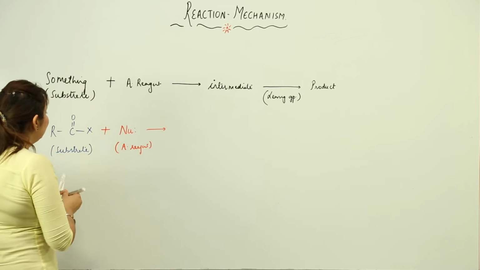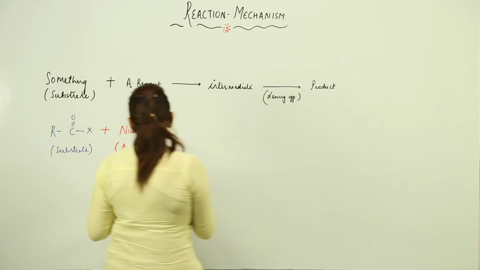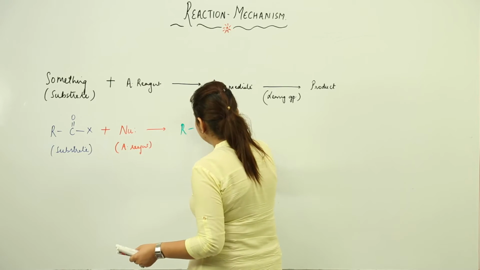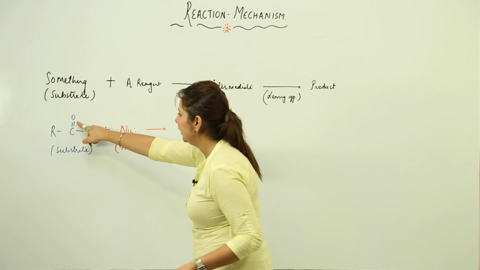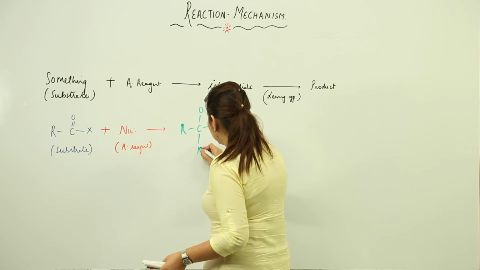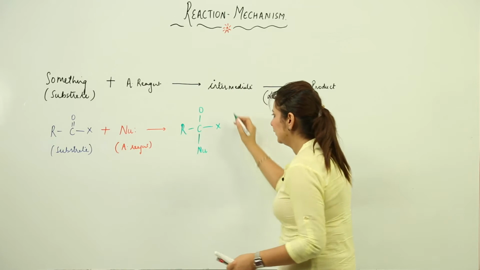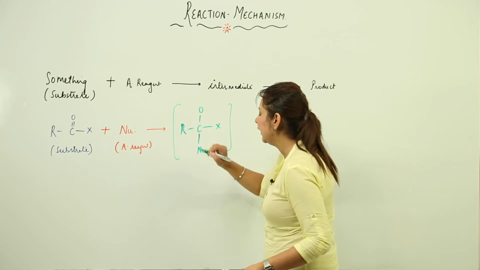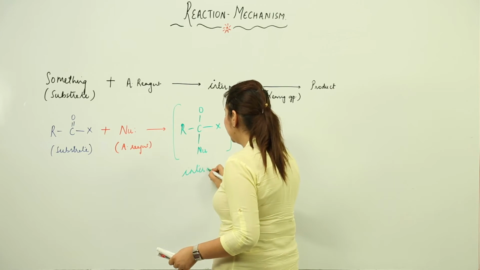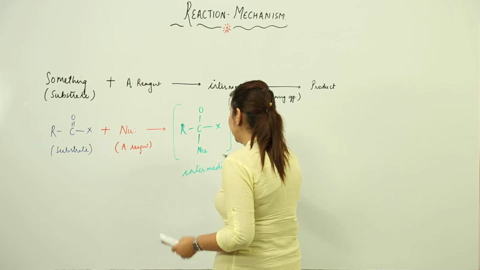So what happens when they both react with each other, what do they form? The bond formation is like this. This bond actually breaks up because it is going to add something into it. So we get this, right. This is something called an intermediate.